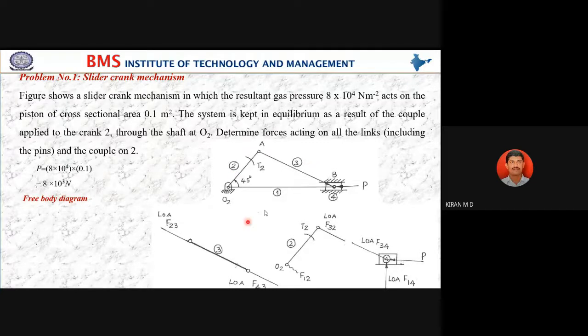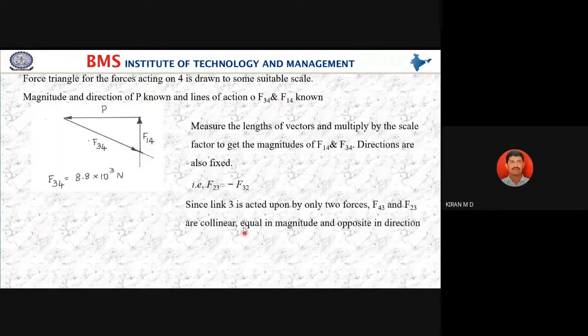See here, we know that only this force and this force will act. Only 2 forces, correct? So only 2 forces means F34 or 43 is equal to F23. Because of only 2 forces, F43 and F23 are collinear, equal in magnitude and opposite in direction.